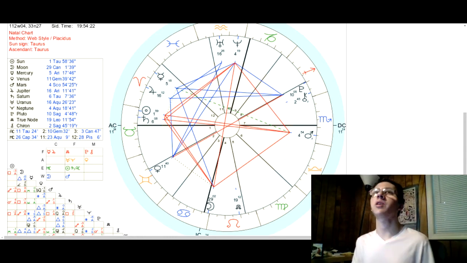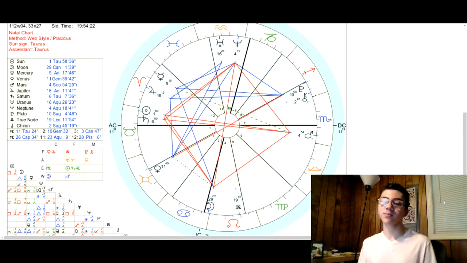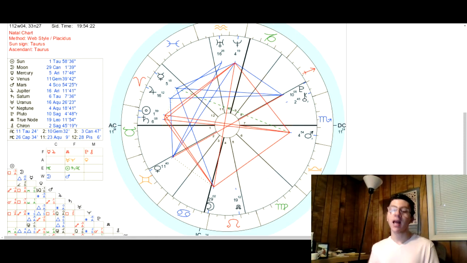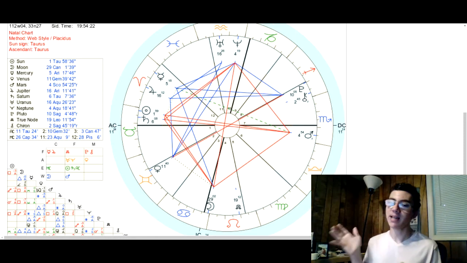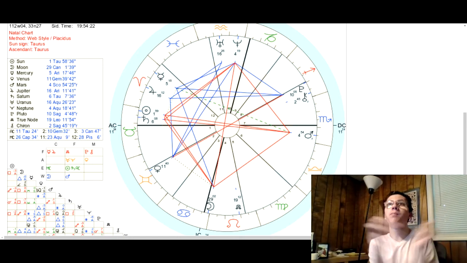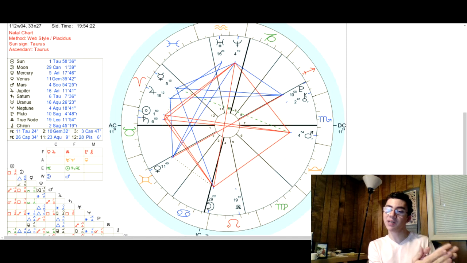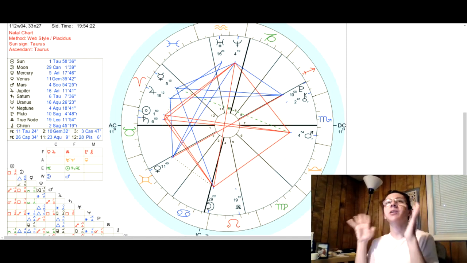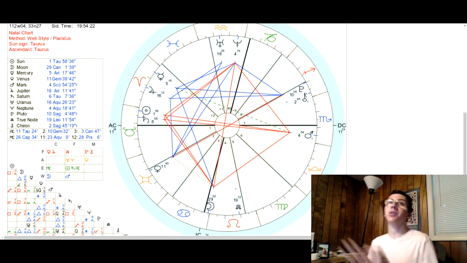So with sextiles, you really have to look at the masculine and feminine elements. Air and fire get along, bond, and go in the same category. Water and earth get along, bond, and go in the other category.